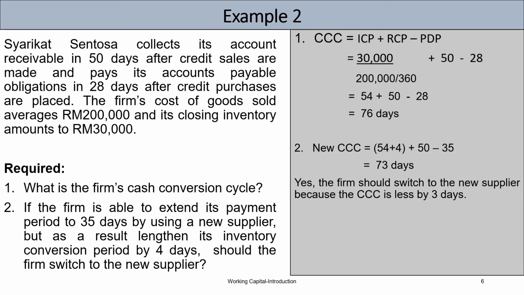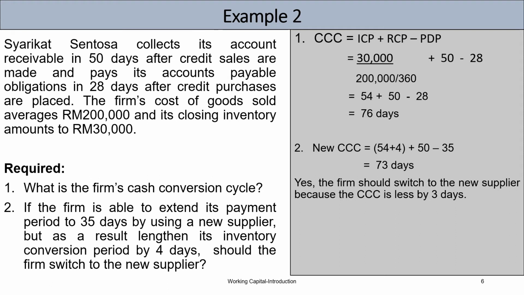And then minus the 28, it is also given in the questions. The accounts payable obligation is 28 days after the credit purchases are placed. So minus 28. So 54 plus 50, the RCP, minus the 28 PDP. So the CCC is 76 days.